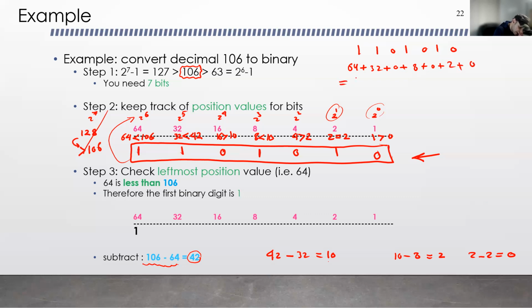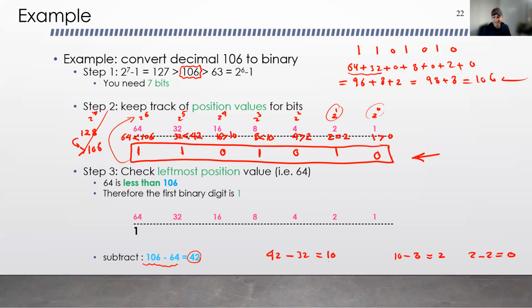So let's do that. You have here 96, then 8 plus 2, so 98 plus 8, it's 106. So it's correct. This is the hard way.